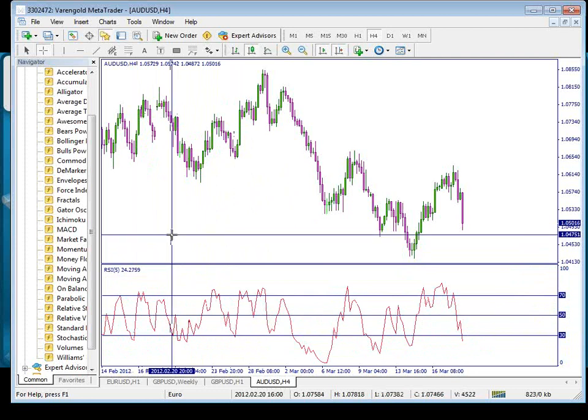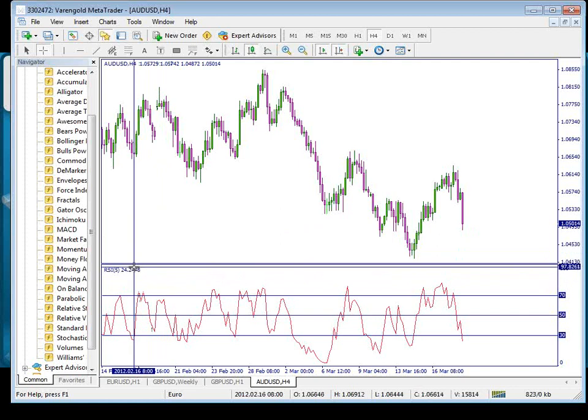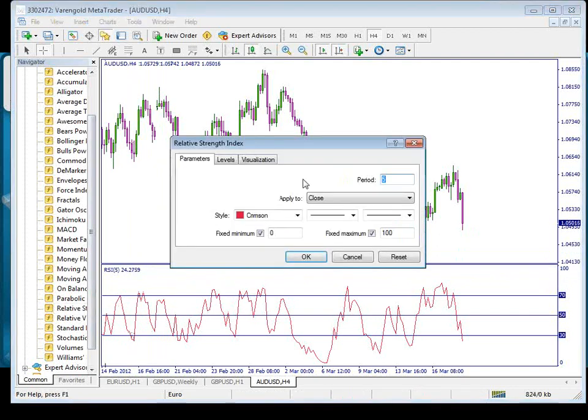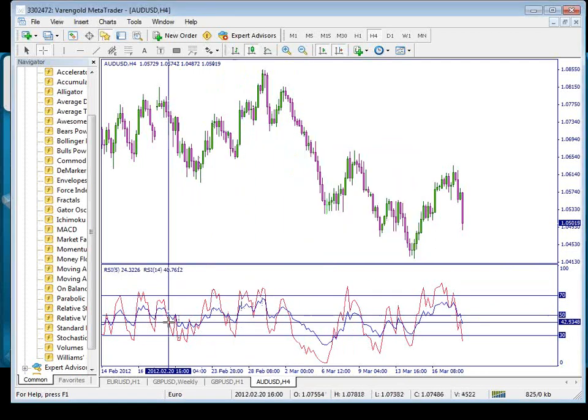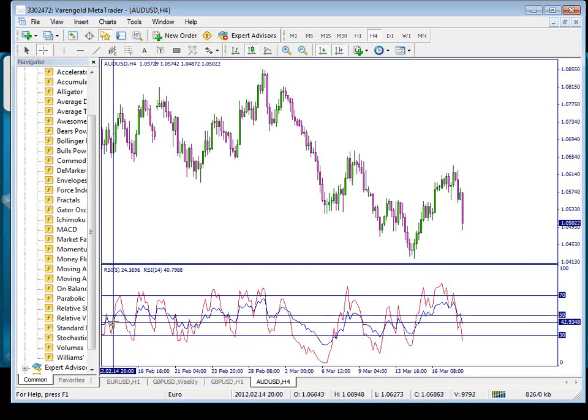In my system, I am using the cross of RSI 5 and RSI 14. So if I put also RSI 14 here, I will make it blue, and we have the crosses of the price.